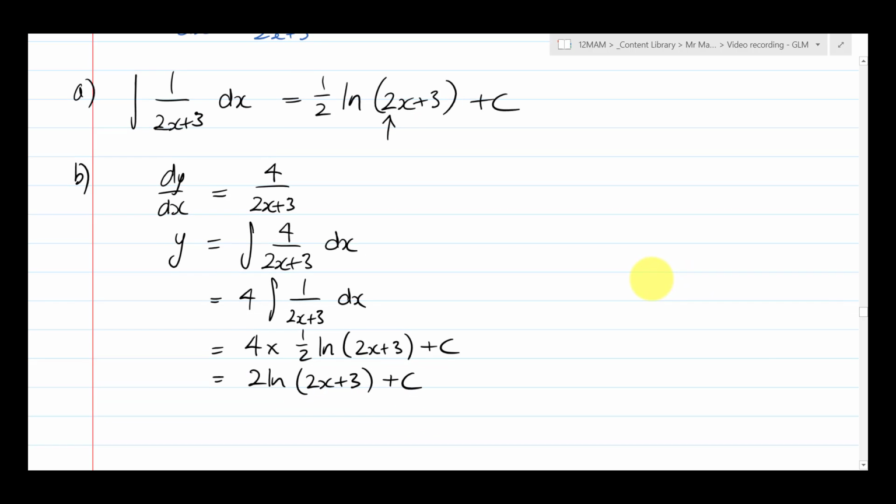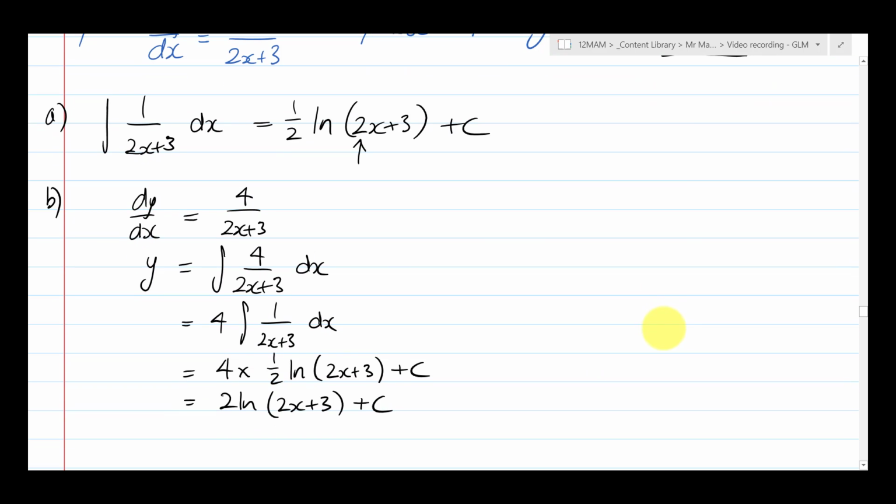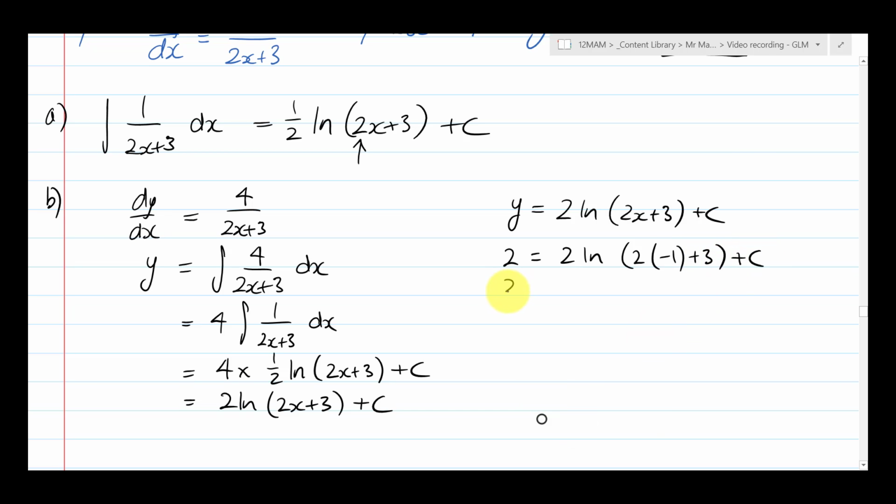So that's the start of part B, but I have a known coordinate here as well, negative 1, 2, and so I can put that in. y is equal to 2 log 2x plus 3 plus c, and so 2 is equal to 2 natural log of 2 times negative 1 plus 3, plus c, and 2 is equal to 2 natural log of 1 plus c.